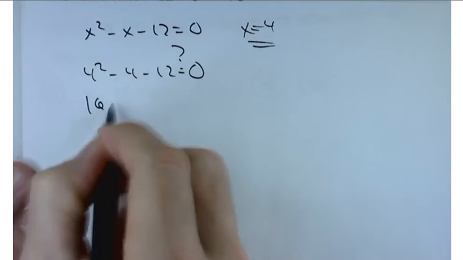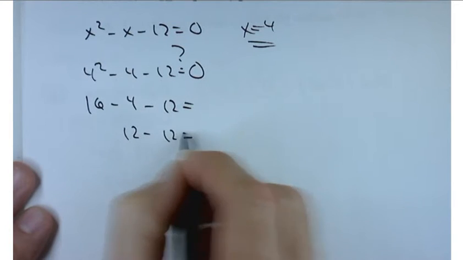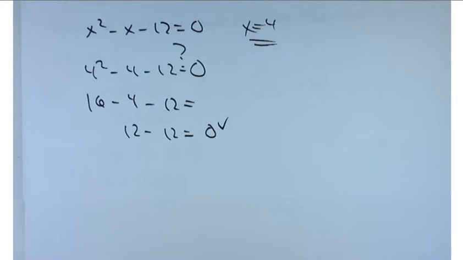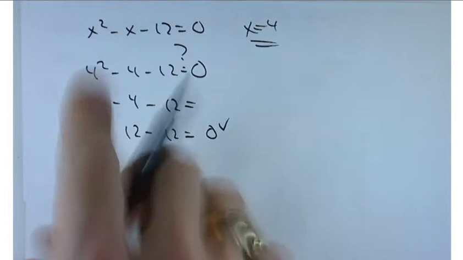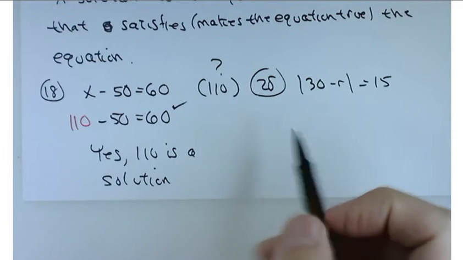So 16 minus 4 minus 12, okay, that's 12 minus 12, and yeah, that does equal 0. All right, so that's what I expect when I ask you to check a solution. Trust me, I can write some problems that are really, really hard, and you don't want to solve them. If I'm asking you to check if it's a solution, that's all I want.